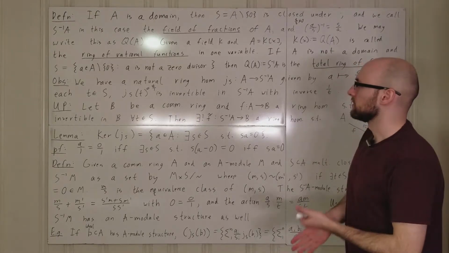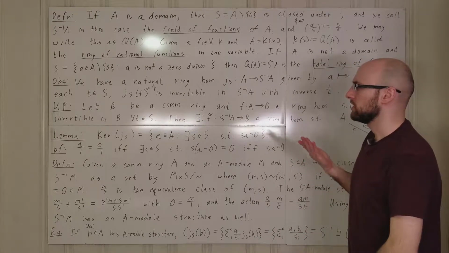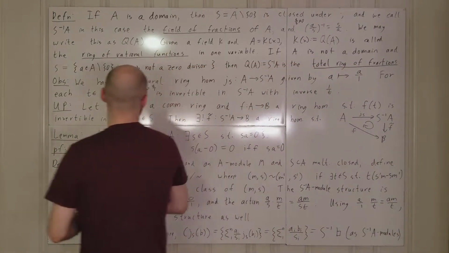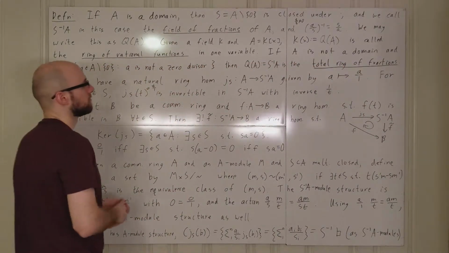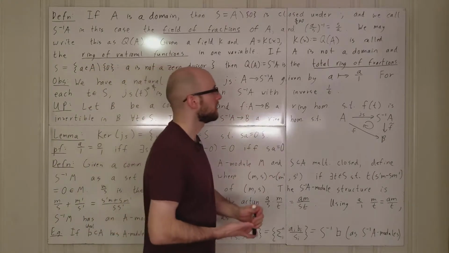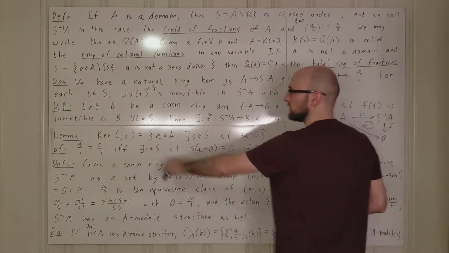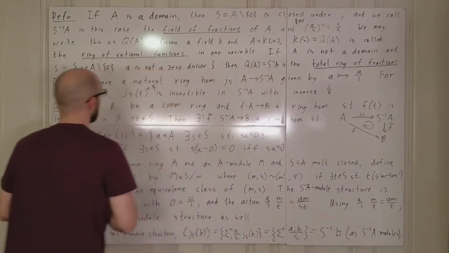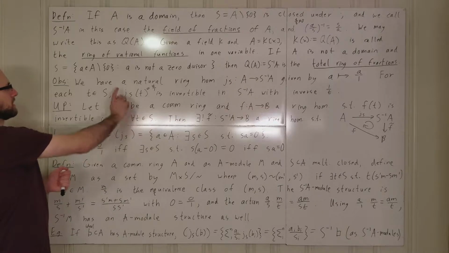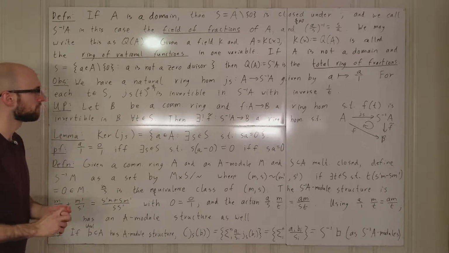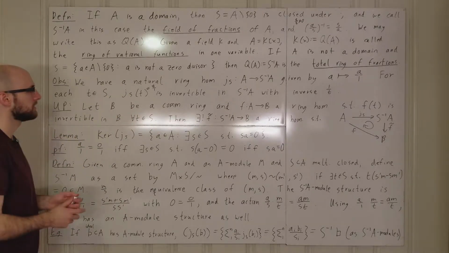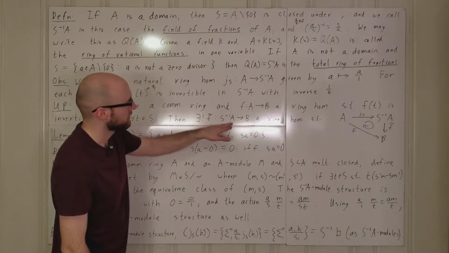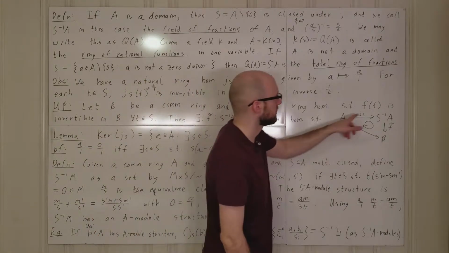Okay, we've also got a universal property, and in keeping with tradition of these videos, we're not going to prove it. But if you have a commutative ring B and a ring homomorphism F that goes from A to B, such that for every single T in S, F of T is invertible, because remember, that's what happens in this map as well, then there exists a unique ring homomorphism F tilde from S inverse A to B that makes this diagram commute.